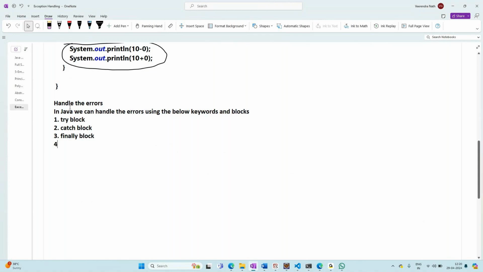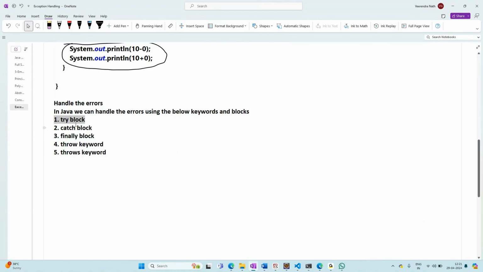Fourth one is the throw keyword, and fifth one is the throws keyword. So this is the throw keyword, and this is the throws keyword.